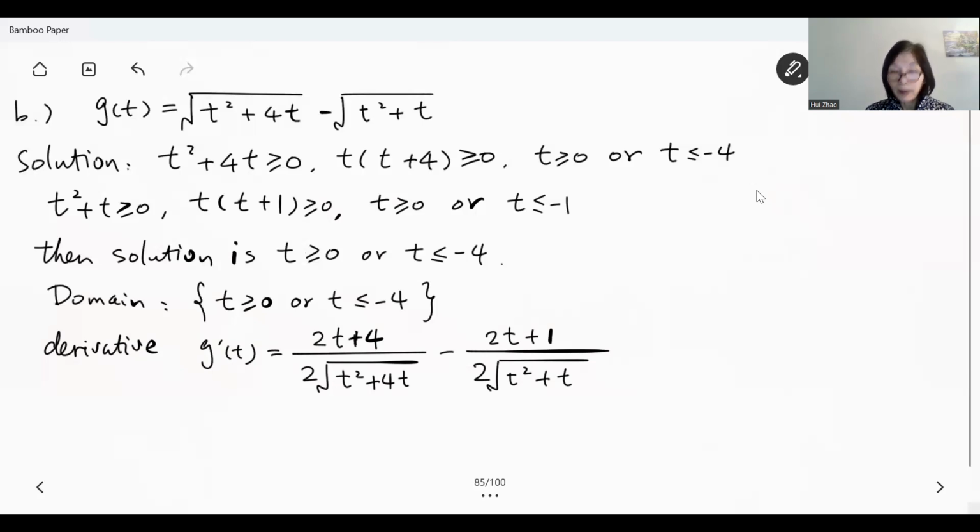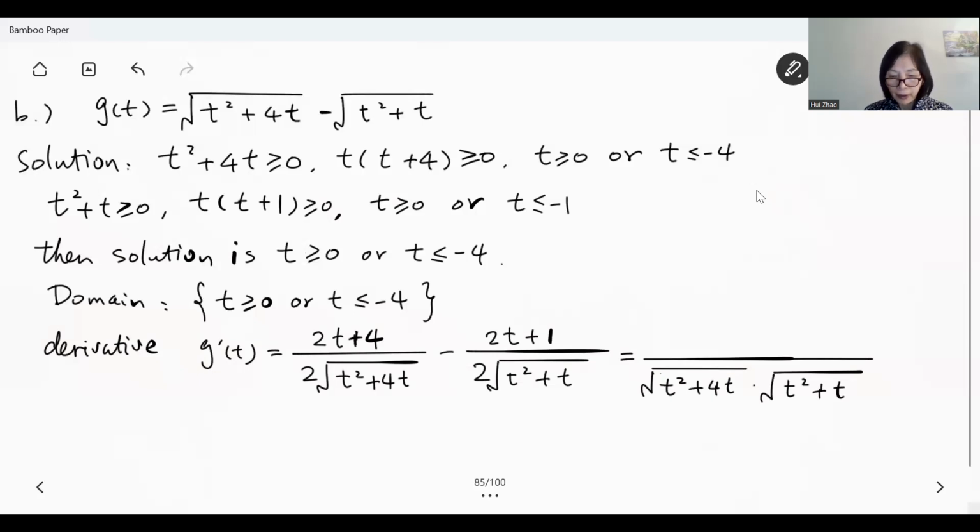And you make a common denominator, the cross 2, right? So the denominator becomes the square root of t squared plus 4t times the square root of t squared plus t, right?